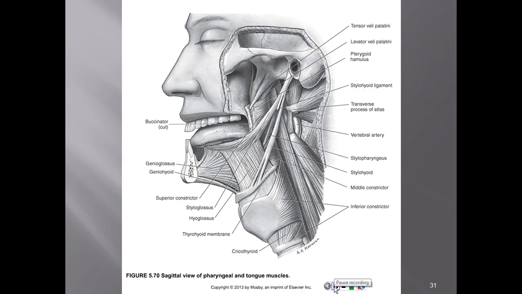This is an illustration of the pharyngeal area. So the pharyngeal area, nasopharynx coming down, and the tongue.